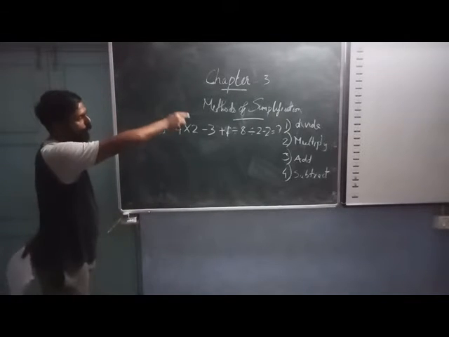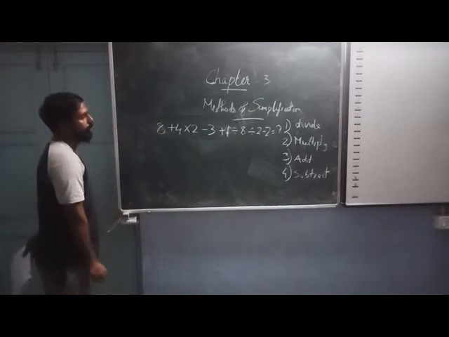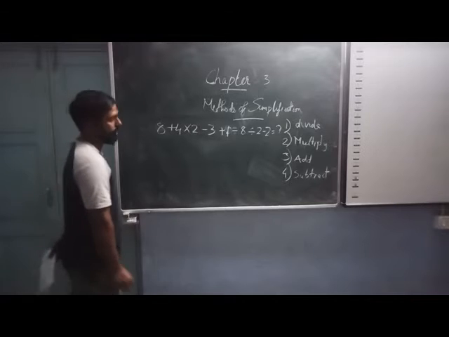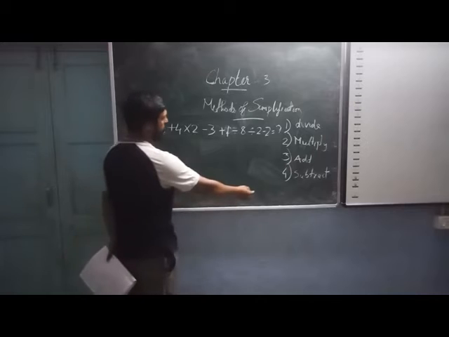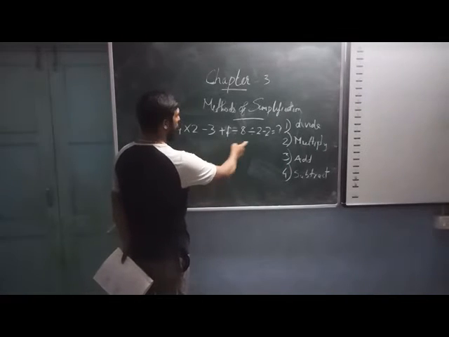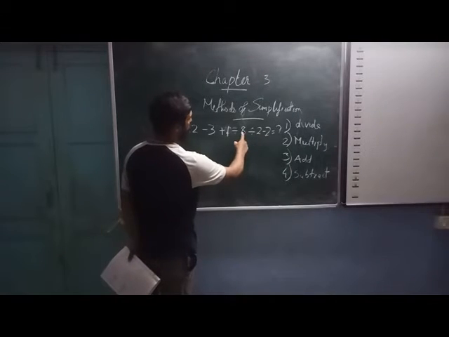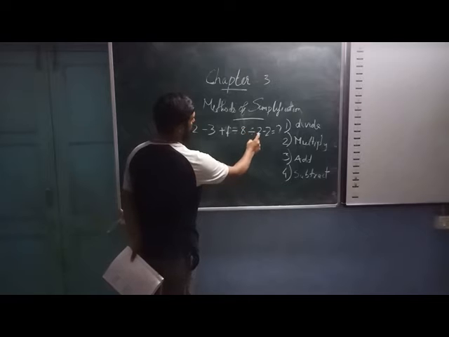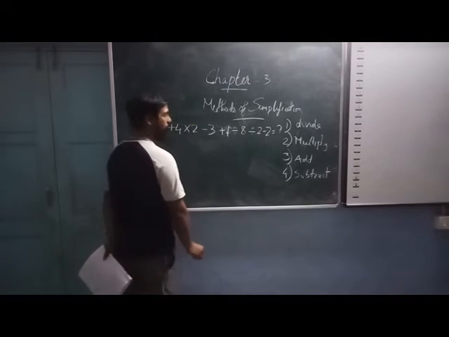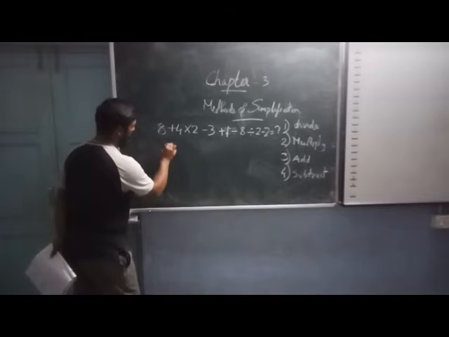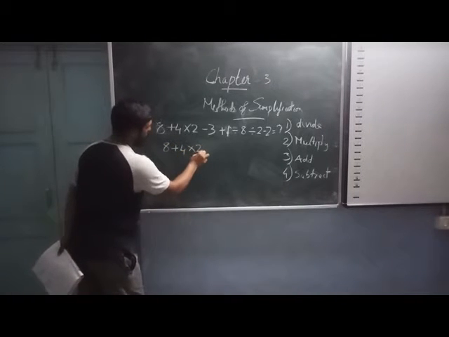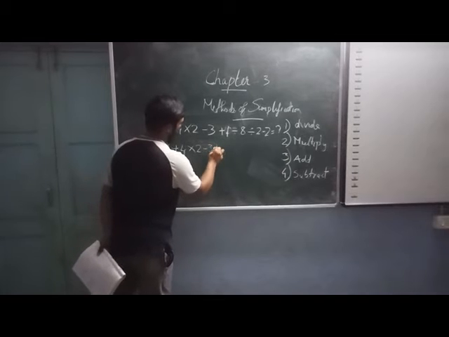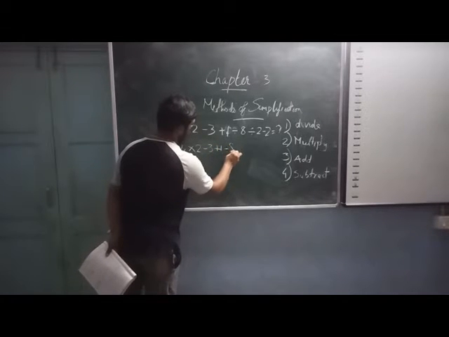According to the order of simplification, how do we do it? First of all, we have to divide. What divisions are here? We have only one division here, that is 8 divided by 2. So let us write 8 plus 4 into 2 minus 3 plus 1 minus.